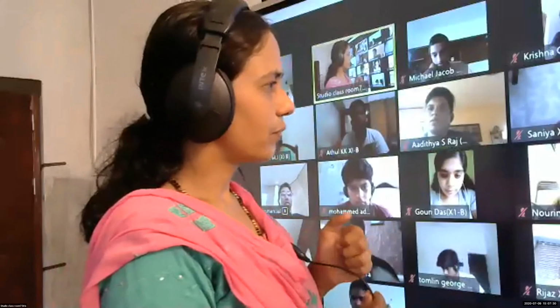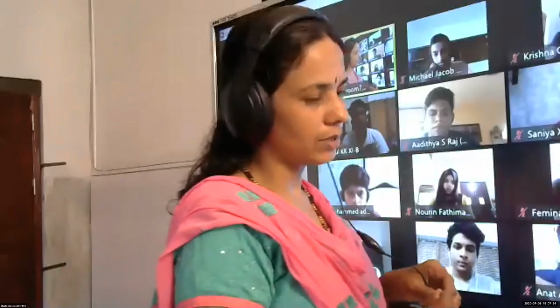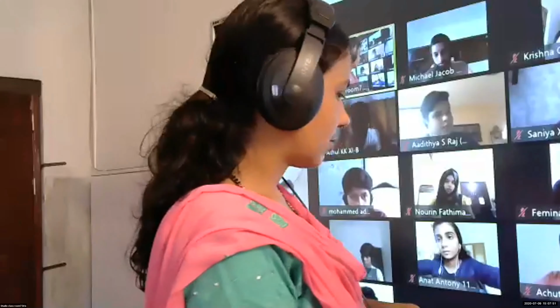If the common ratio is greater than 1, the sum to n terms is a into r raised to n minus 1 by r minus 1. Is it clear? Now let's do one more.